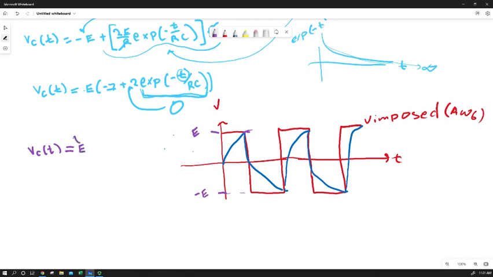So this is the max-min that I measured, times -1 plus 2 exponent -t over RC.